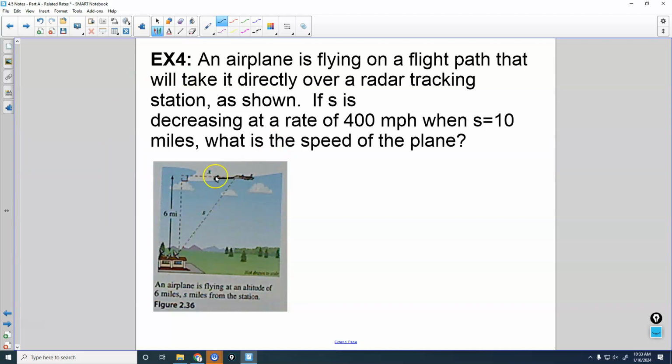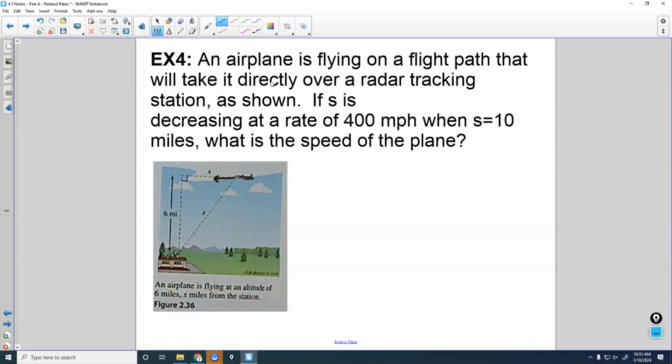Looking at that picture, this is different because this is not an area or a volume problem. What formula do you think we are going to start with? Pythagorean theorem, exactly. Now, is 6 changing, that height? No, it's not in this particular case. Now, it could.